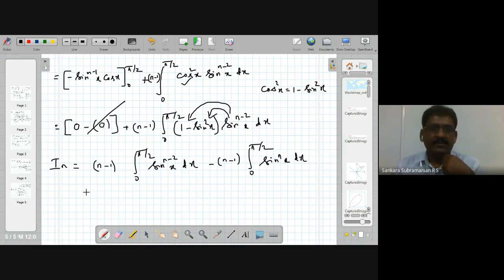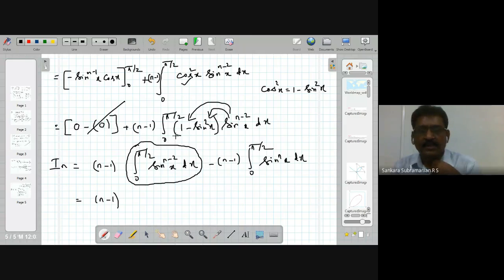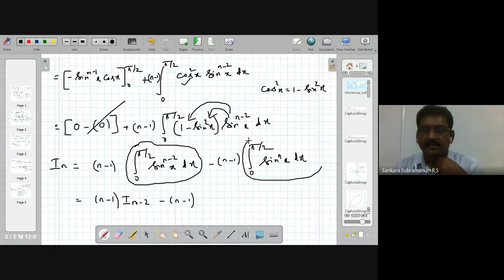So now the time to go for substituting, right? Integral 0 to pi by 2 sin to the power n minus 2x dx can be written as I n minus 2, minus of n minus 1 times I n.